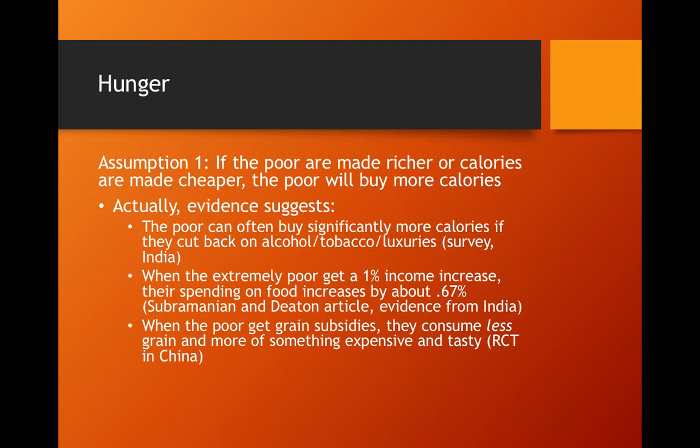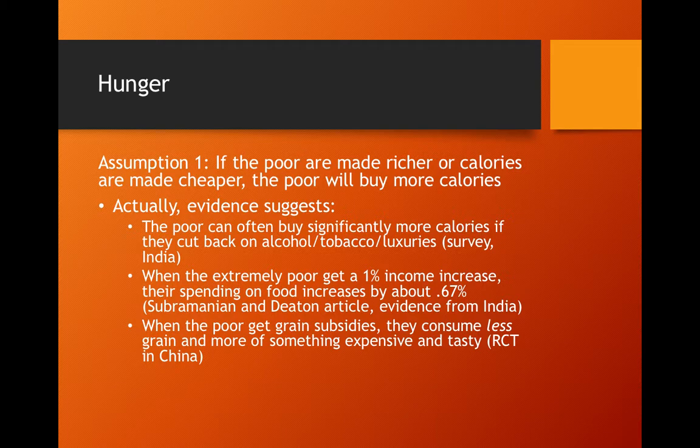If you're caught in a calorie poverty trap and your income goes up by 1%, and you're aware of the poverty trap you're in, your spending on food should increase by at least 1%. If it's going elsewhere, that suggests that maybe that extra income is not getting you out of the poverty trap. Or maybe you're not in that poverty trap to begin with.